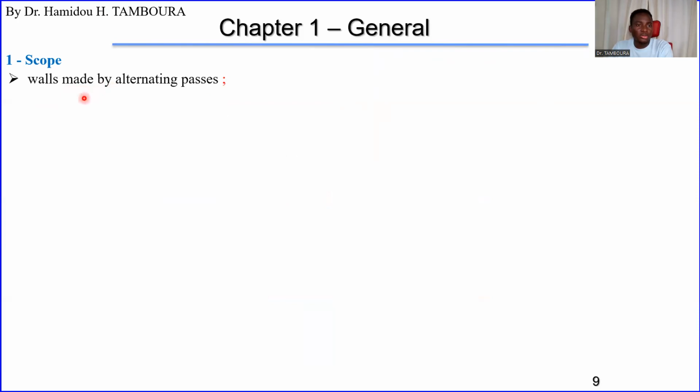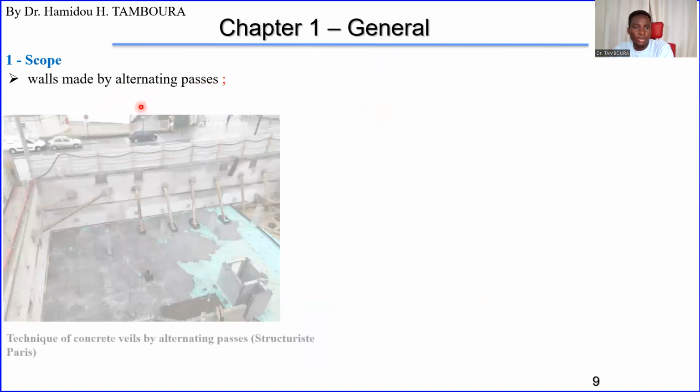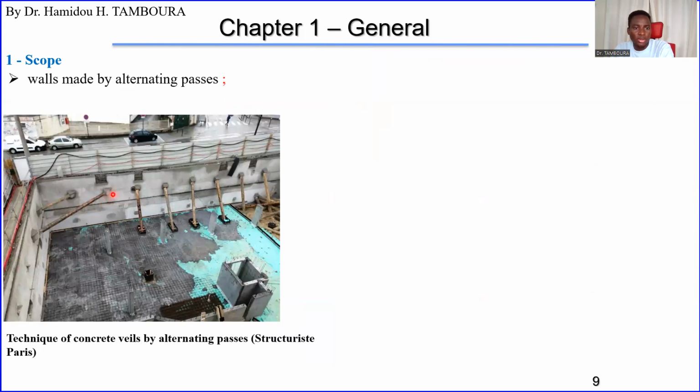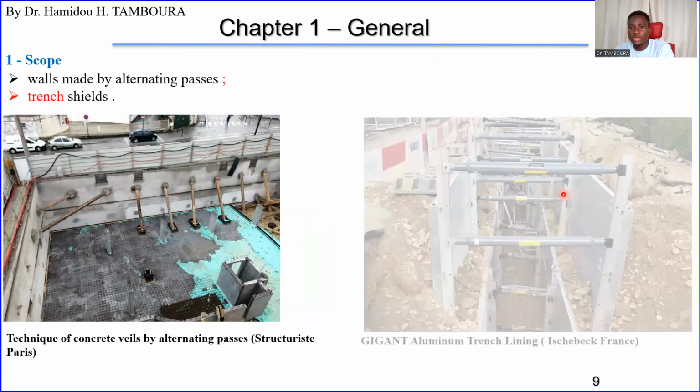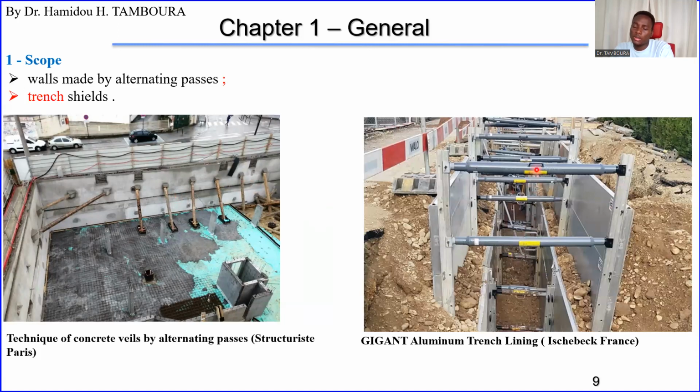And we also have walls made by alternating passes. We can see this kind of support holding the wall and preventing it from falling. And we also have this kind of trench seal, which you can use maybe for sanitation.